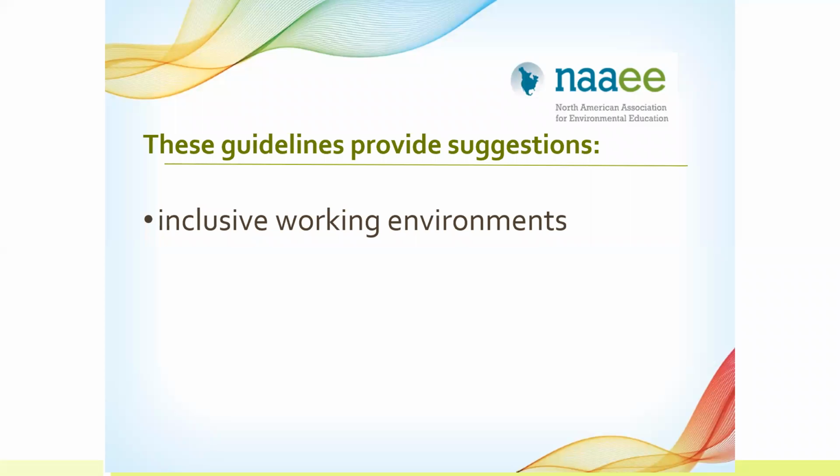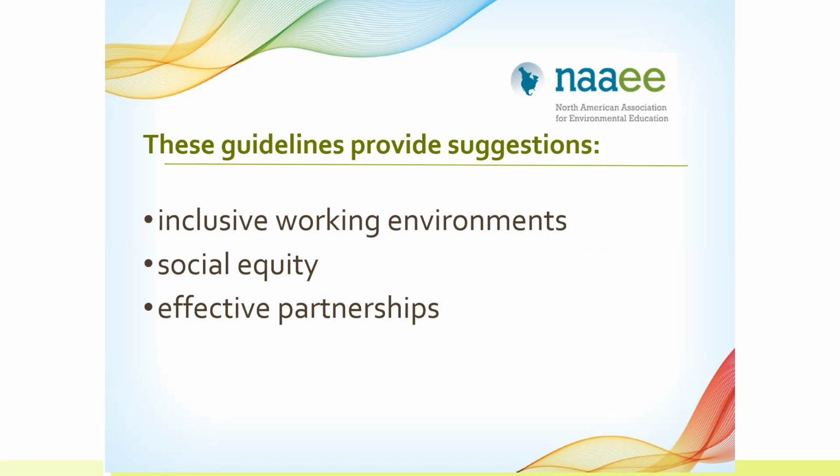So you have an ecological or a natural system. You also have a social system that includes things like housing and transportation. You have a governmental and an economic system. So thinking of a community as a system will help you think about how these guidelines are organized.